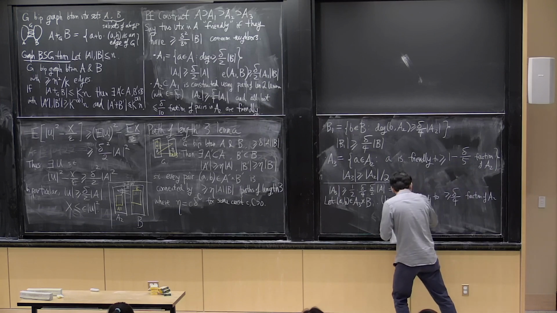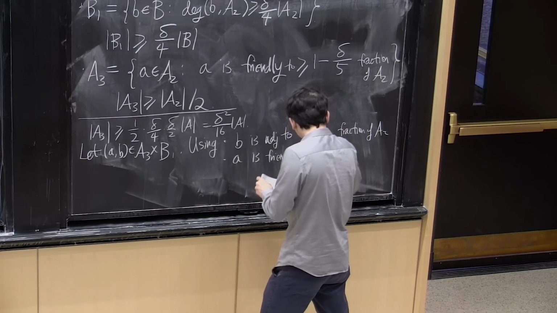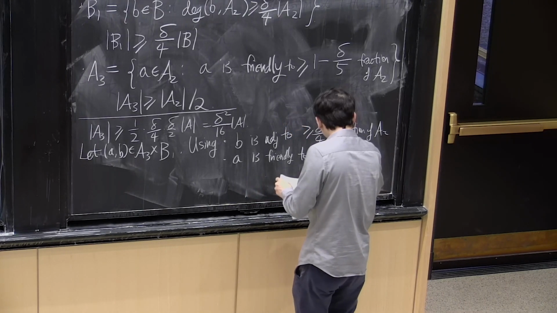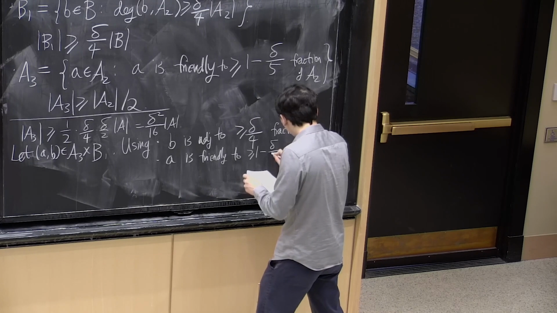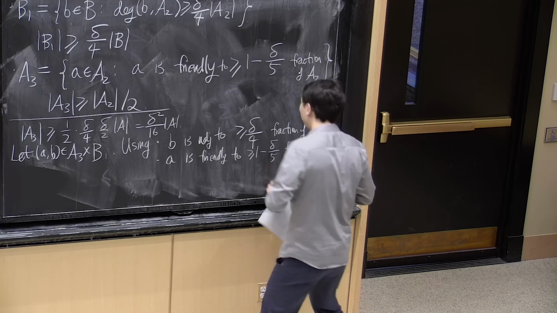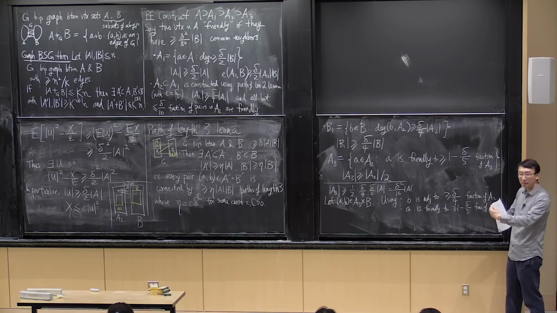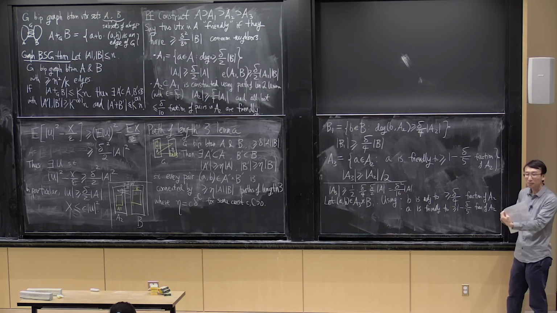At the same time, we know that A is friendly to at least 1 minus delta over 5 fraction of A2. Okay? So these two sets must overlap by at least a delta over 20 fraction.